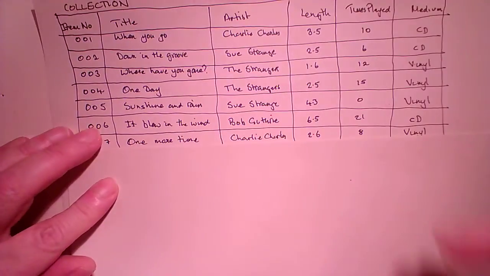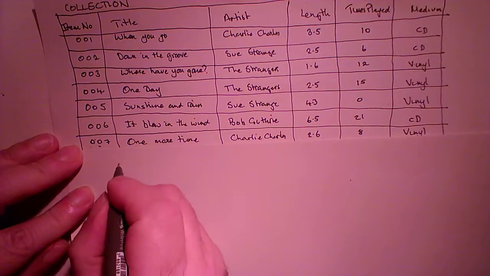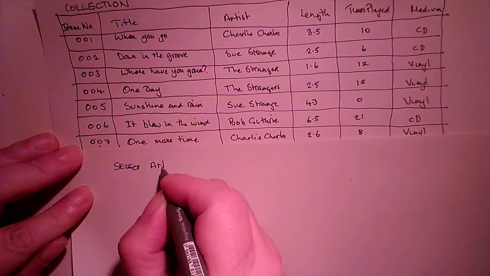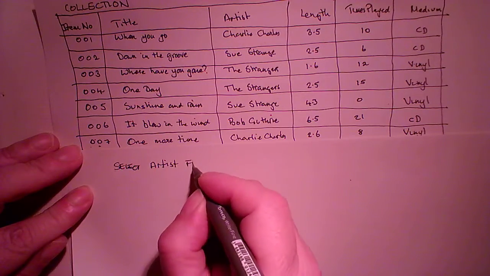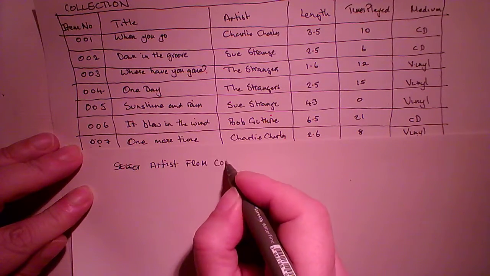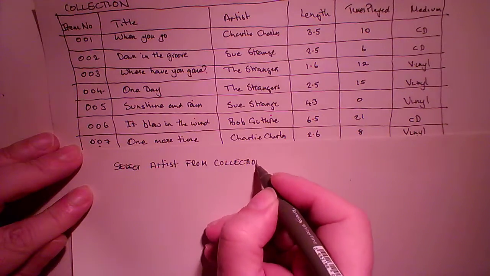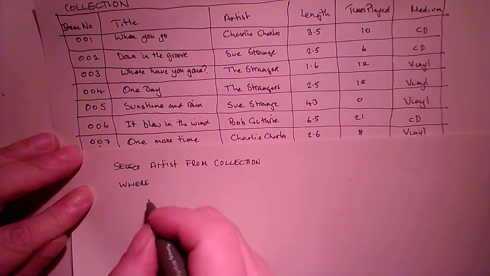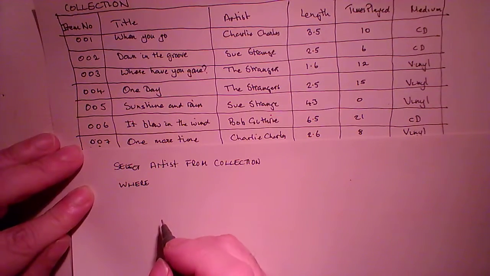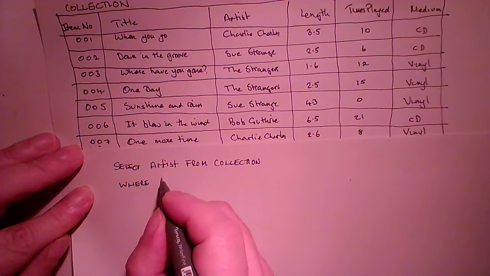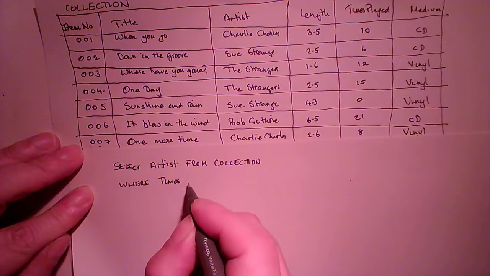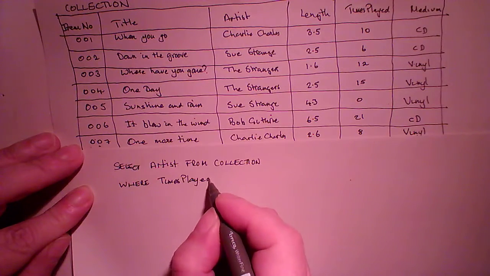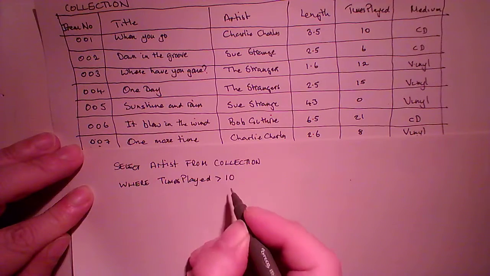So for this one, I would start my query off with SELECT, and I'm going to choose just the artist FROM the table name collection, WHERE times played is greater than 10.